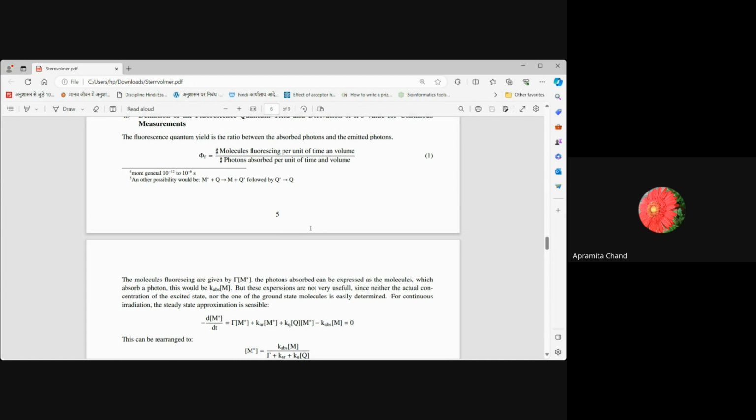So quantum yield is equal to molecules fluorescing per unit of time and volume, divided by photons absorbed per unit of time and volume.